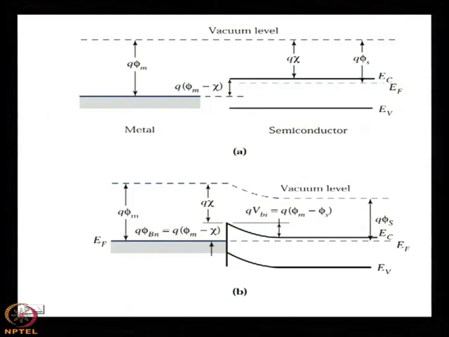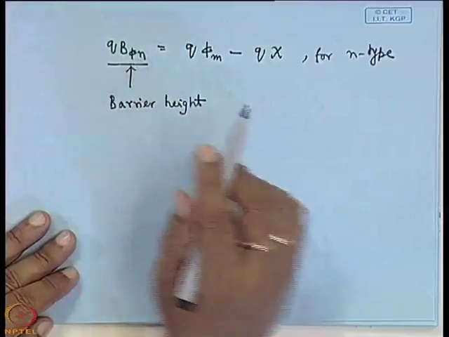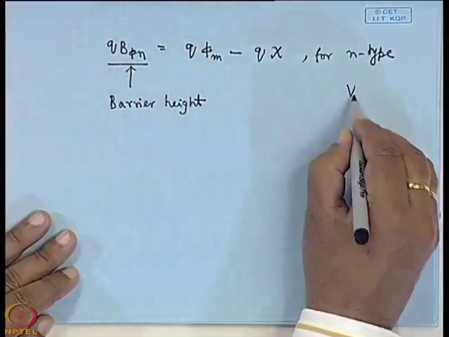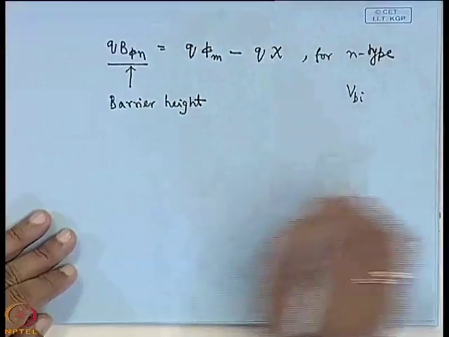If you want movement of electron from semiconductor to the metal side, you need V B I, that means the built in potential. If you want electron to move from the metal to the semiconductor, you need barrier height phi B. So, one thing is the barrier height, another is the V B I or the built in potential.